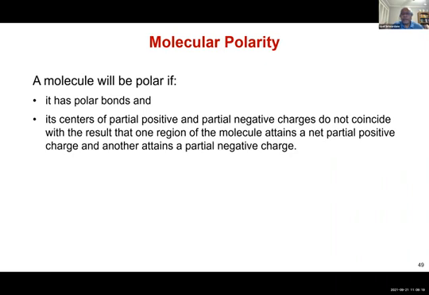Sometimes the polarities cancel out, like in a tetrahedral or trigonal planar arrangement, a highly symmetric arrangement. Even though the bonds have polarity, the molecule itself doesn't. We're going to look into the examples.